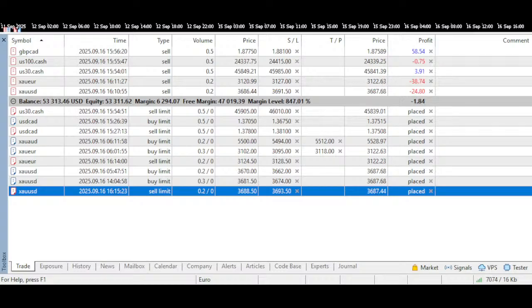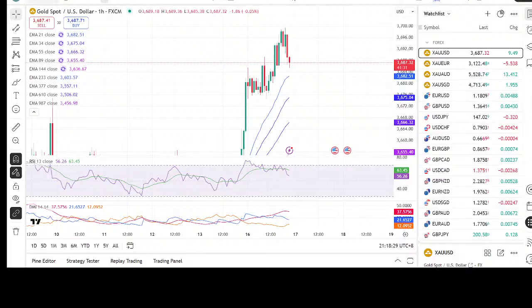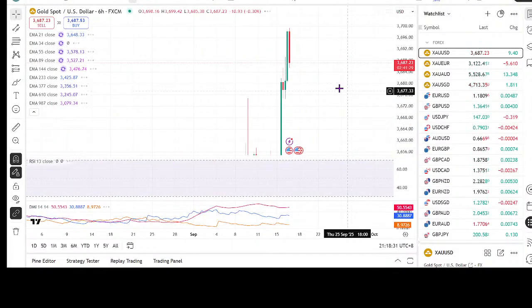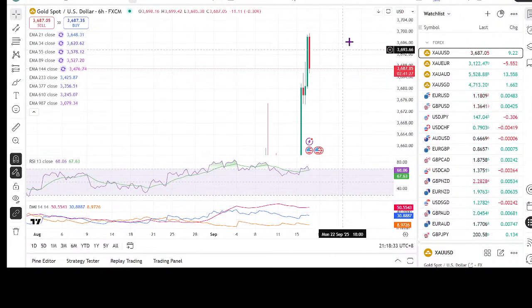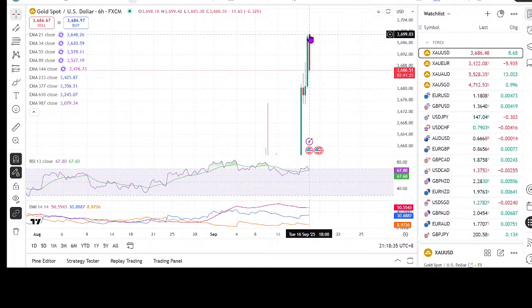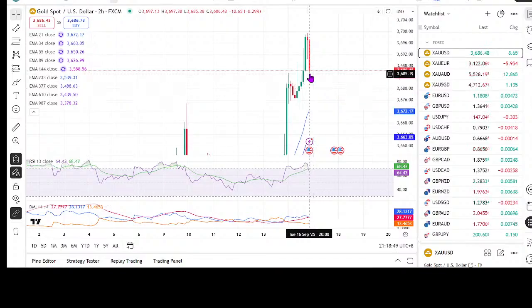Okay, so as of now, if you look into the chart, what we are seeing is a consolidation on the 6-hour chart. Which means this weakness is expected to continue for another 2 hours 45 minutes. If you look at the 2-hour chart, this is expected to continue for another 45 minutes.